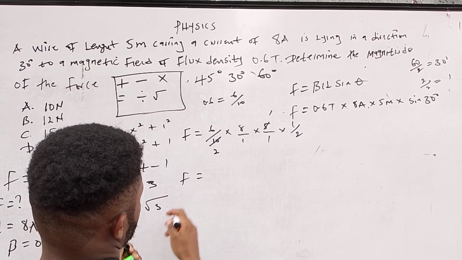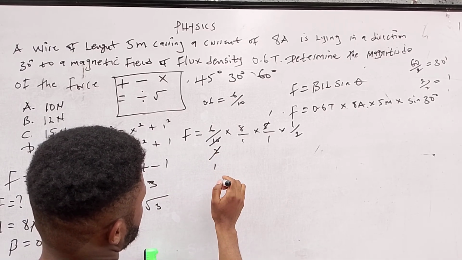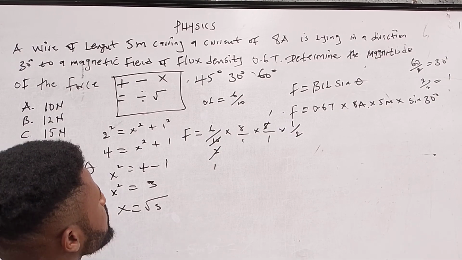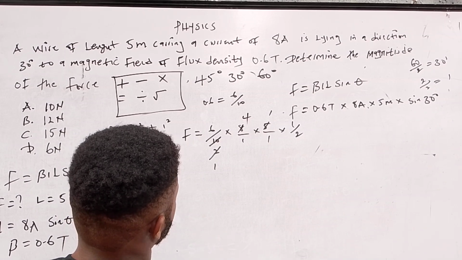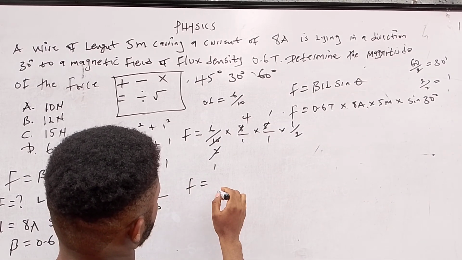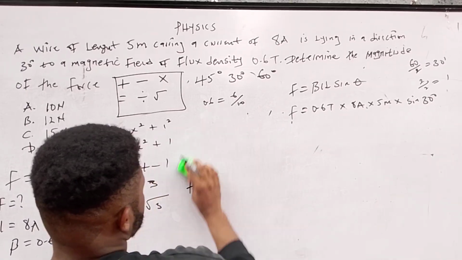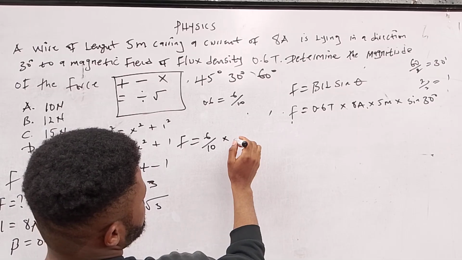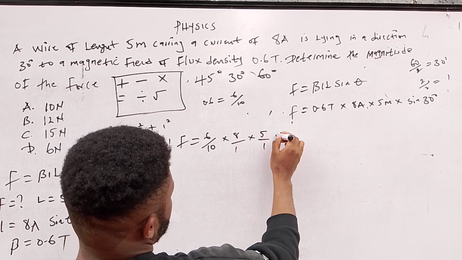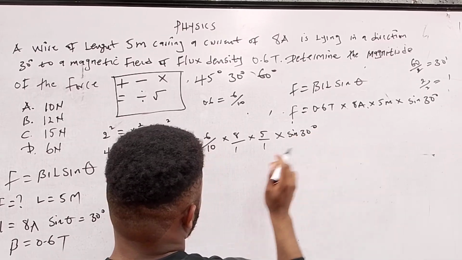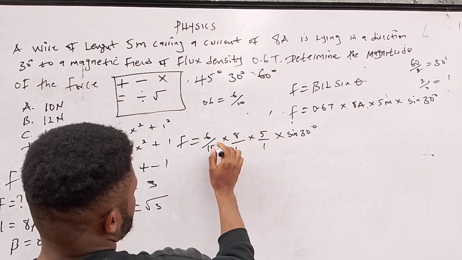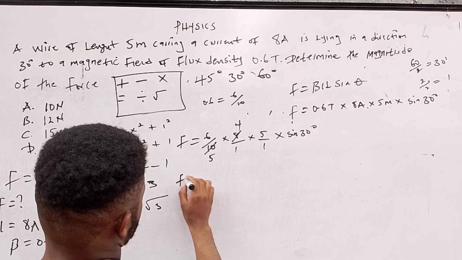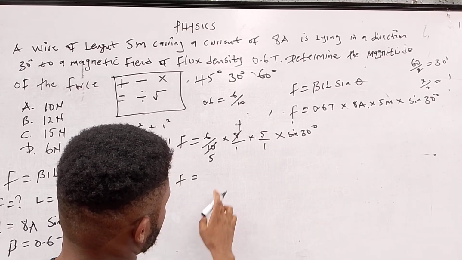So here you have F is equal to... I can still cancel out. 2 ones are 2, 2 fours are 8.